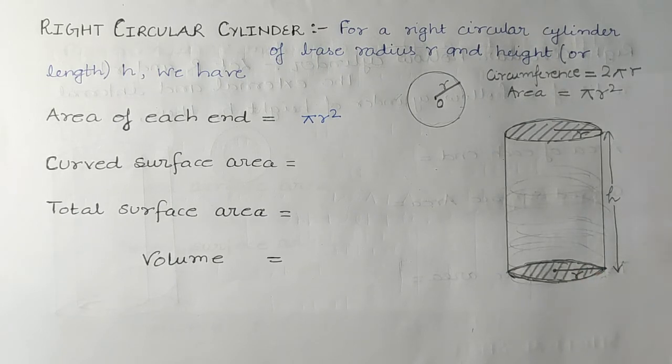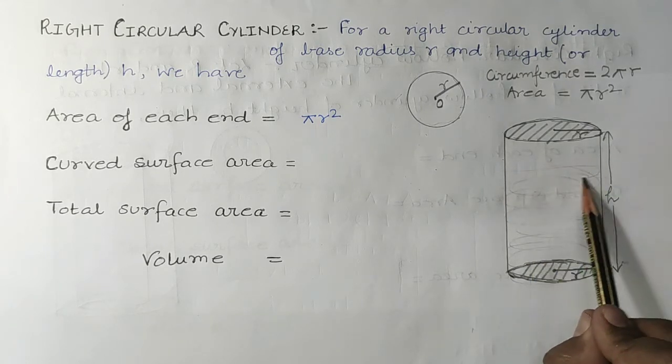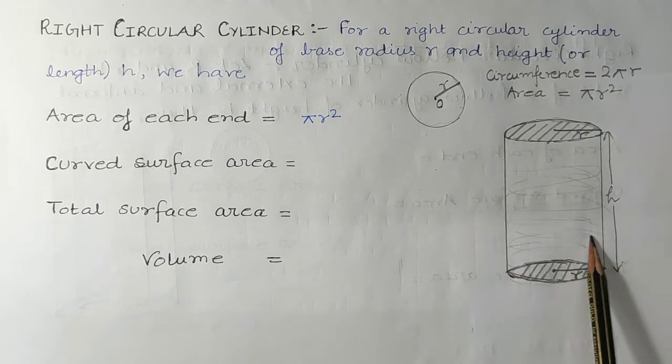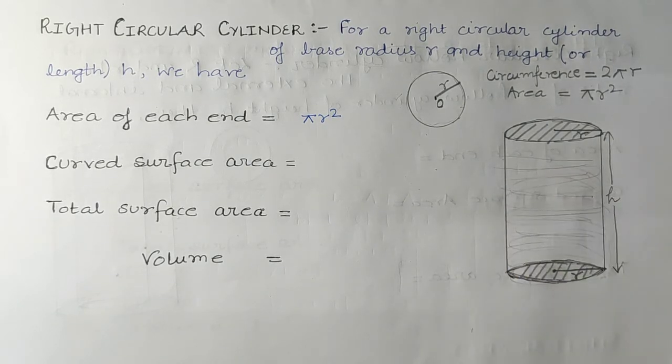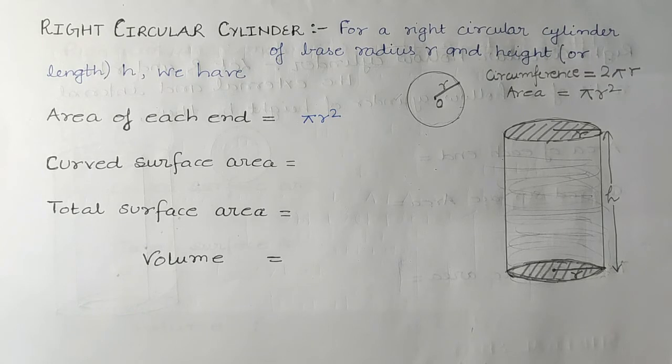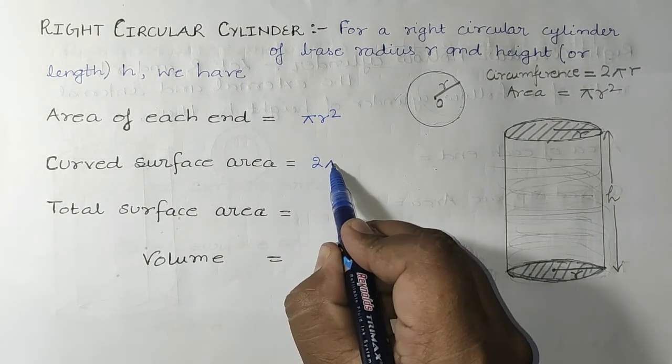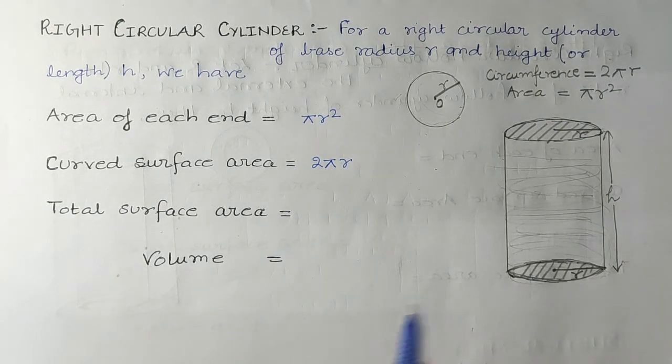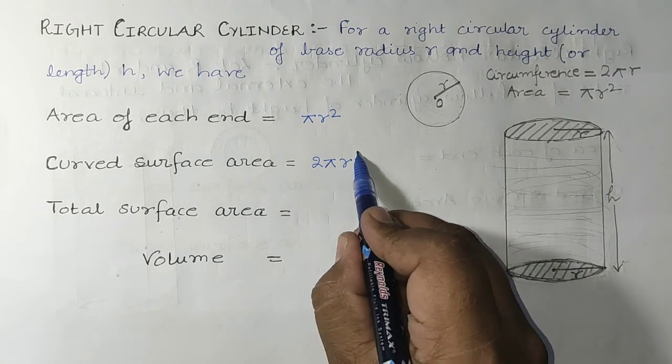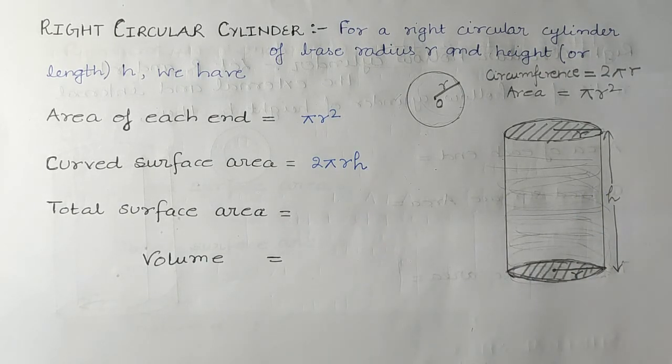If we exclude the area of top and bottom, what is left is the area of this circular portion. So the circumference of the circle is raised up to height h. The circumference of the circle is 2 pi r, and raised up to height h, we get 2 pi r into h.